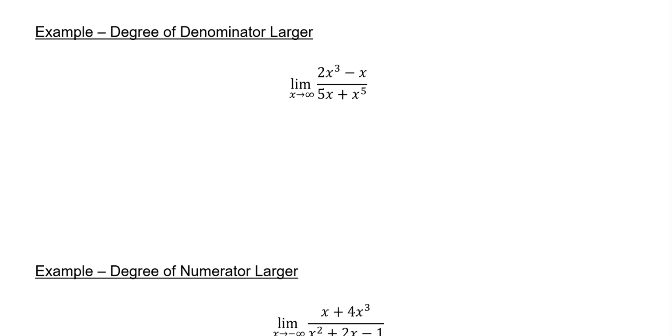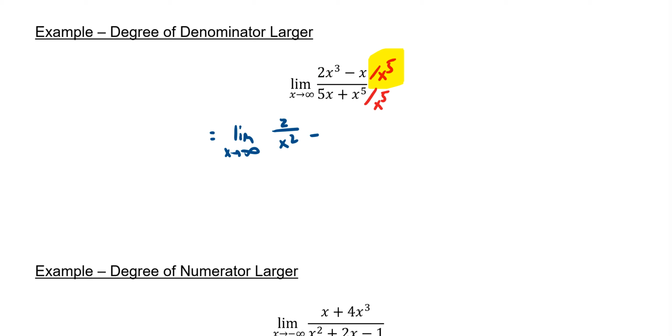We're going to start this off the same way. We're going to divide the numerator and denominator by the largest exponent from the denominator, which is x to the 5th. Once again, we only do this when x is approaching positive or negative infinity. So we end up getting the limit as x approaches infinity. Let's do this in our head. 2x cubed divided by x to the 5th is 2 over x squared.